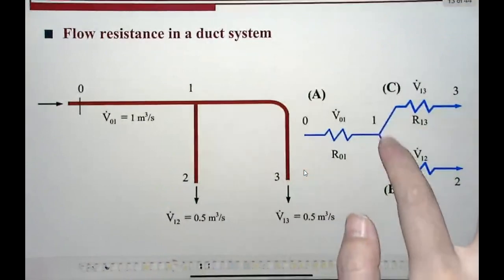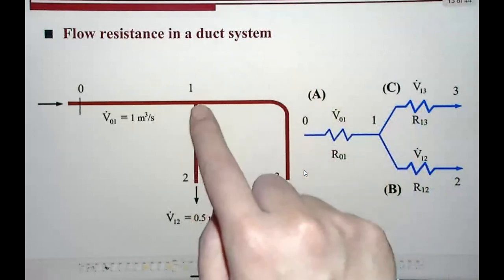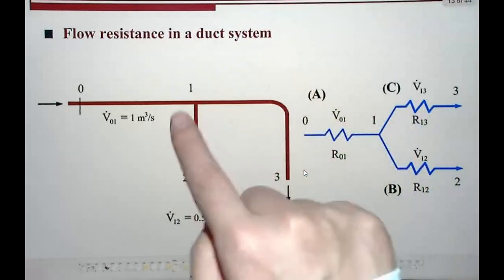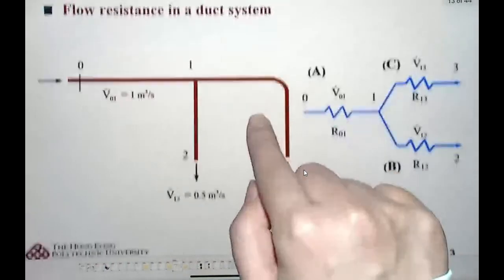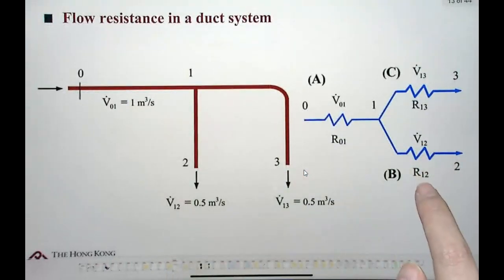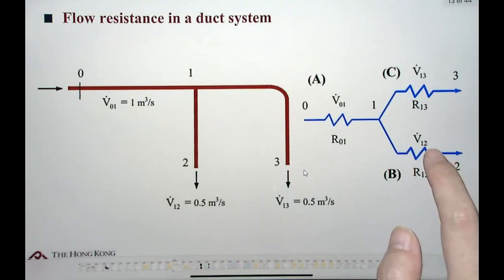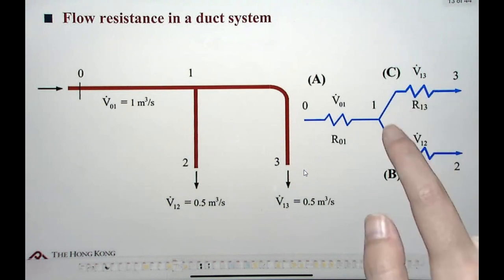Cross-section number 1 is where the duct is split into two individual ducts. So for duct 1 to 2, we have the resistance R1 to 2, and the corresponding volumetric flow rate is V dot 1 to 2. And similarly for duct section 1 to 3.